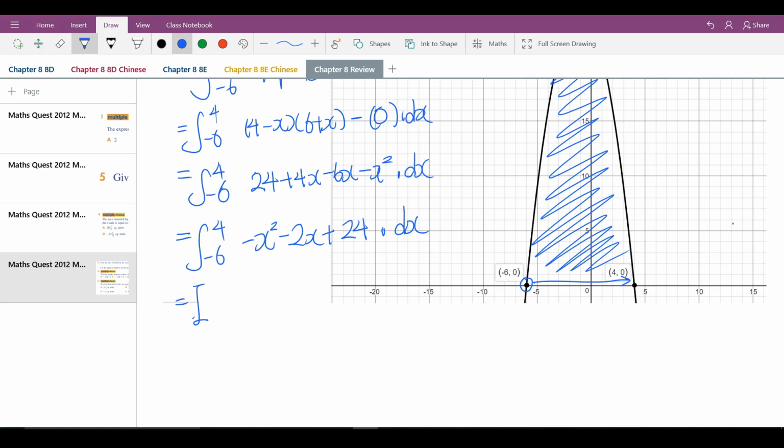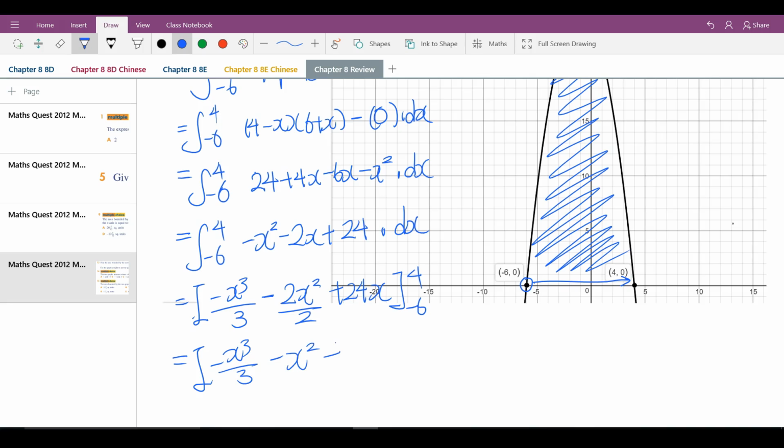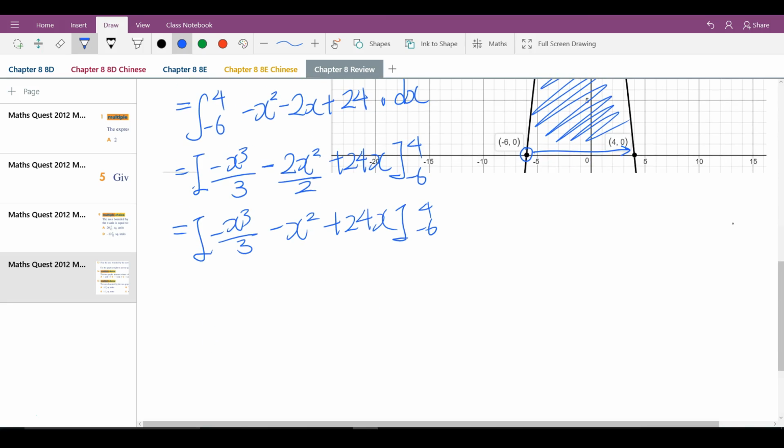We get negative x cubed over 3 minus 2x squared over 2 plus 24x, from -6 to 4. Tidy things up a bit: negative x cubed over 3 minus x squared plus 24x, from -6 to 4.